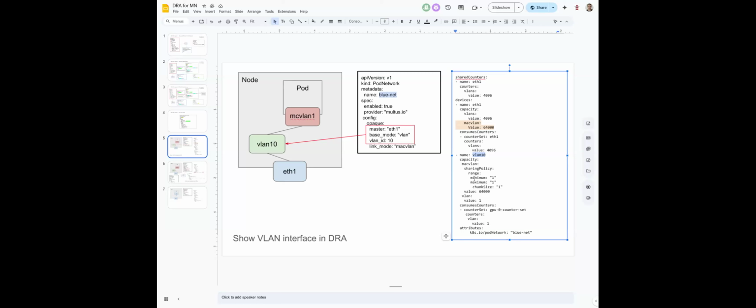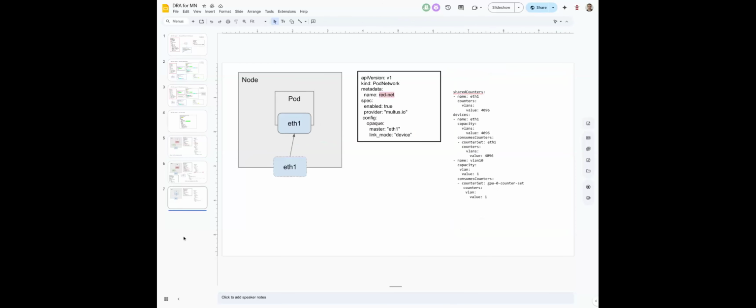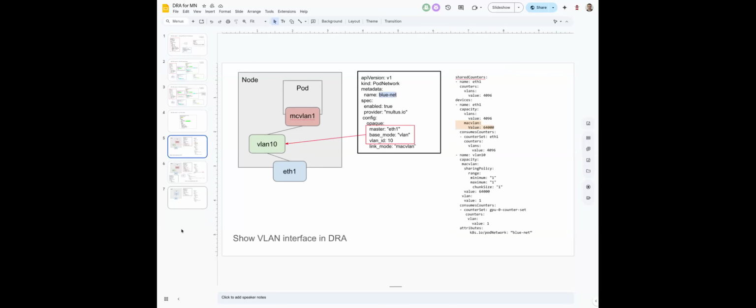I posted to the Slack a summary of last week's discussion, and I think we don't have to use both consumable capacity and partial capacity features.